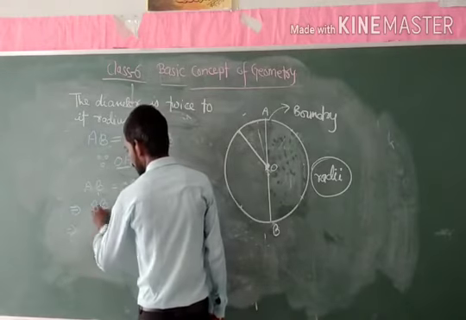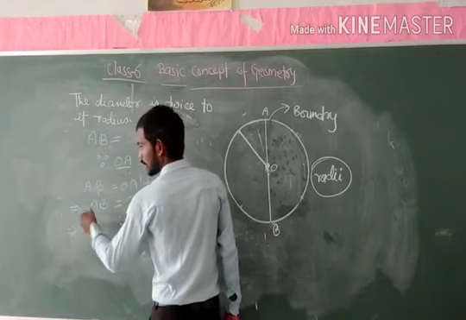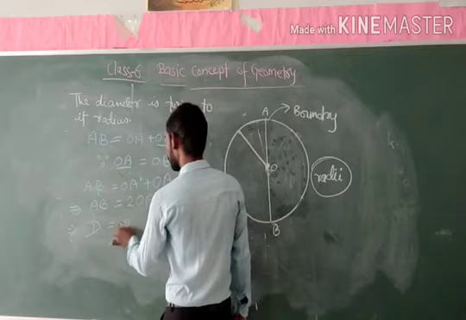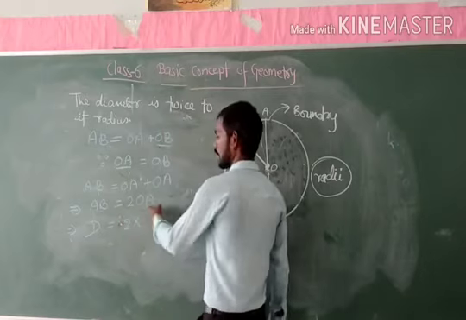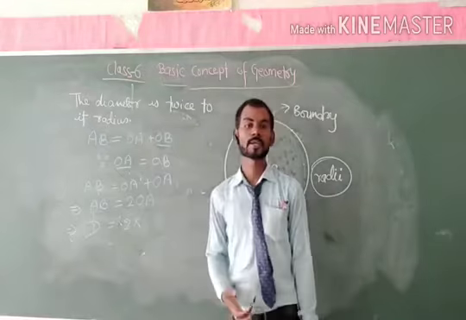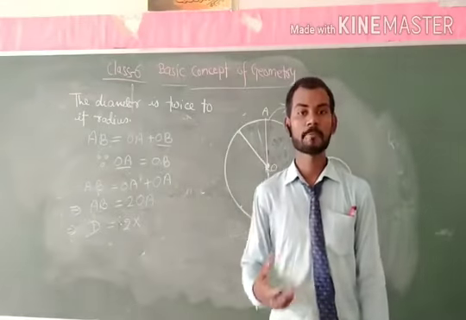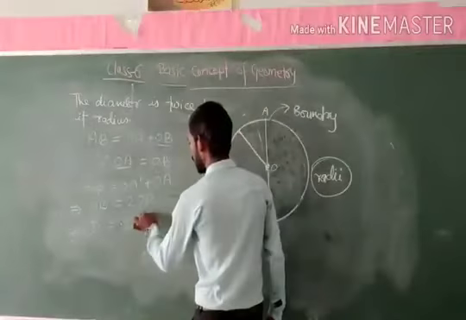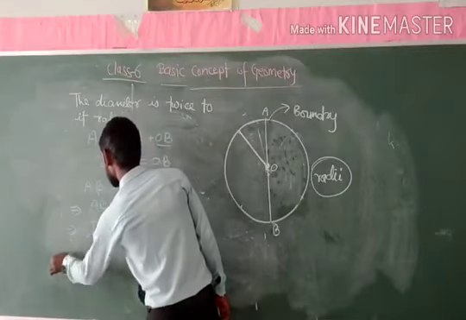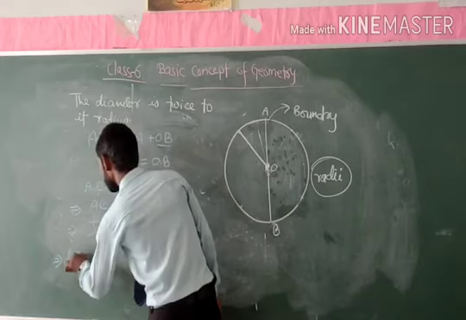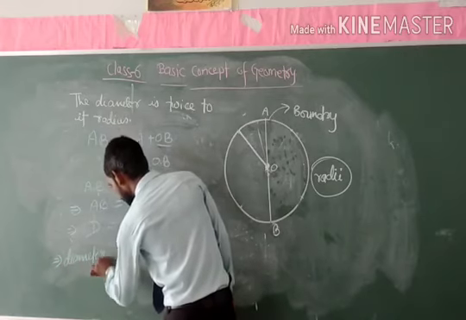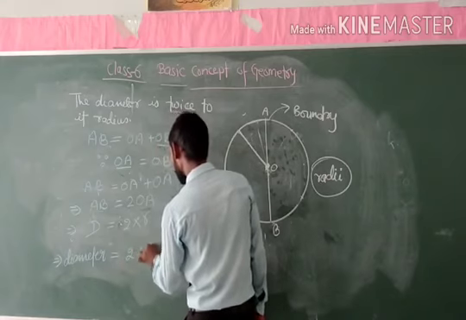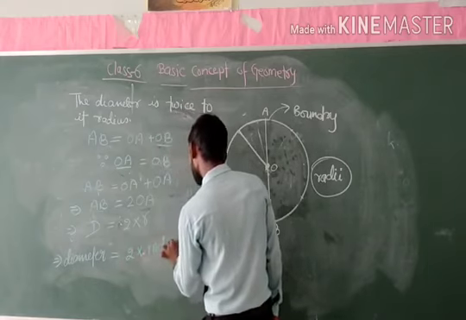We represent the diameter by the capital letter D, and this is equal to 2 multiplied by, as we know the radius of the circle is generally represented by the letter R, so we write R. That means diameter D is always equal to twice the radius, 2R.